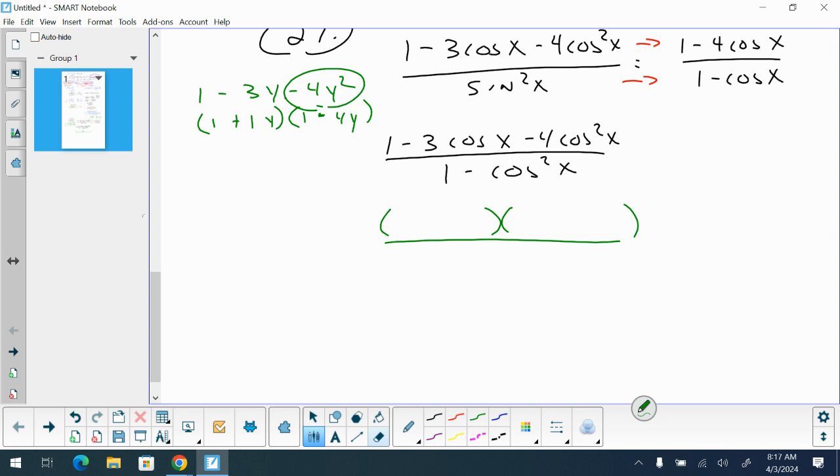So rewrite this, take your y's out, and throw in your cosines. Rather than have 1 plus y and 1 minus 4y, take the y out and just replace it with cosine and write it as your factors. One minus cosine squared.